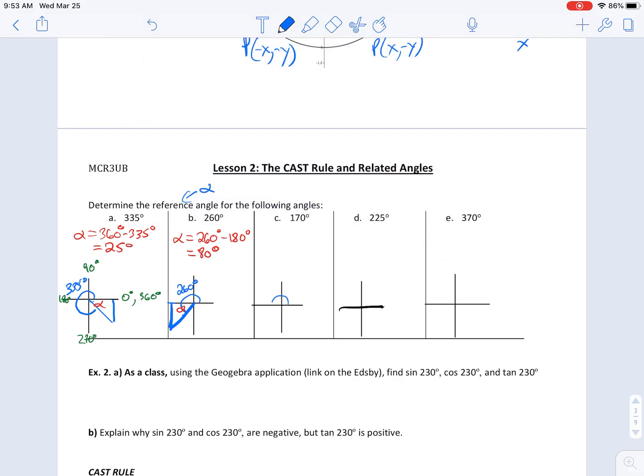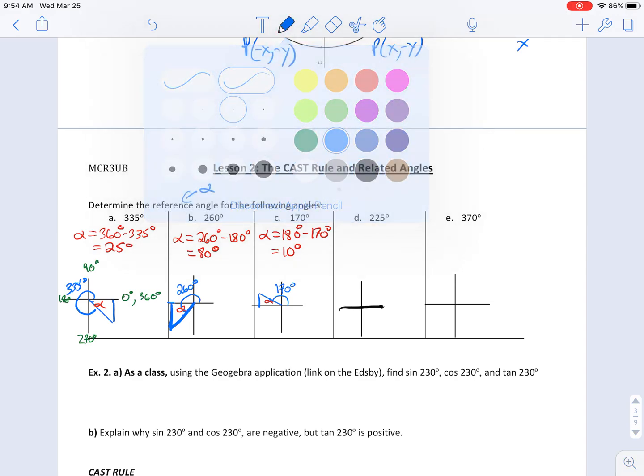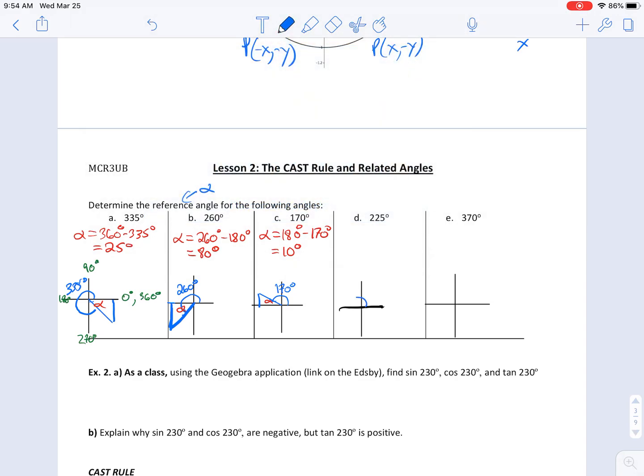Similarly, this one, 170, is going to fall in quadrant 2, almost to the 180 mark. So alpha, again, the difference between 180, the bigger one, minus the smaller one, gives me alpha of 10. So hopefully you're getting the hang of this.